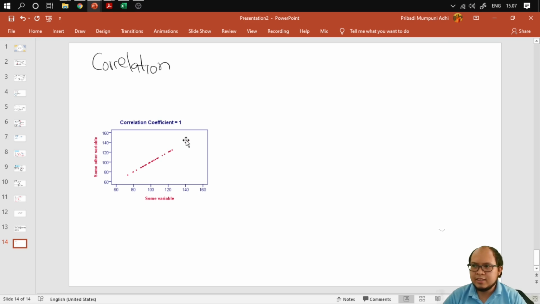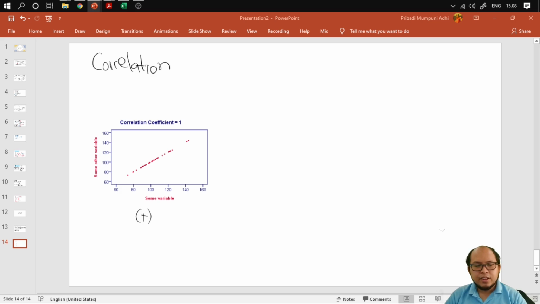The correlation is equal to 1 if all the scatter data, so for example the x is some variable, the y is some variable, exactly make the straight line. So exactly linear. So this one is the positive correlation. So x increases, the y also increases.